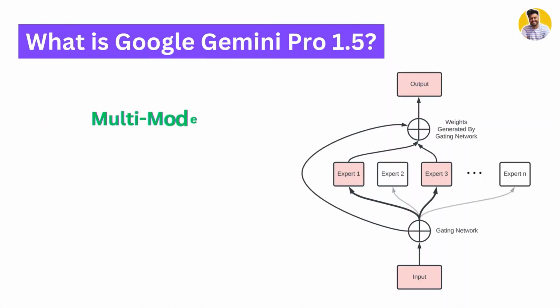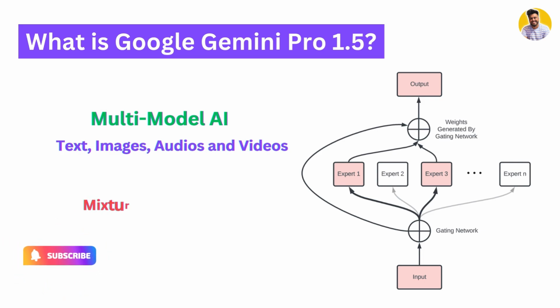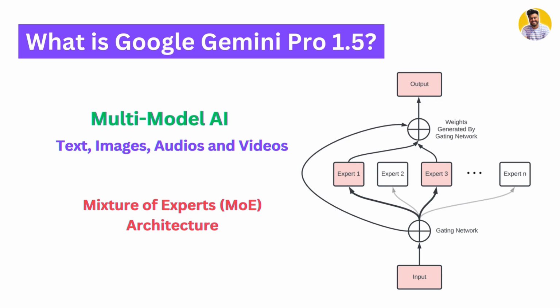And the same here, we talk about Google Gemini Pro 1.5. Google Gemini Pro is a multimodal AI that can understand text, images, audio, and videos, because it uses a mixture of experts architecture to provide a personalized answer for your prompt. If you want to know about the mixture of experts architecture, you can check out the video in the I button here.